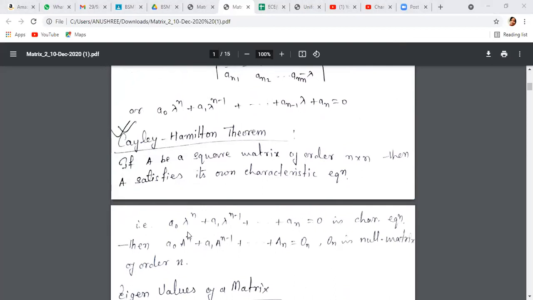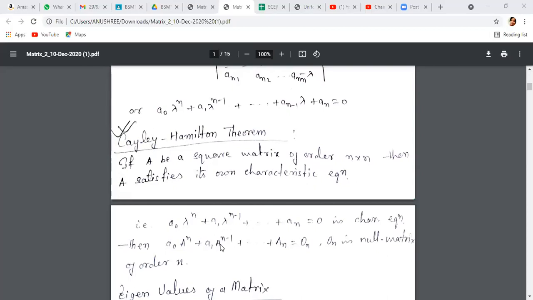Say for example, for an nth order matrix the characteristic equation is a0 lambda to the power n plus a1 lambda to the power n minus 1 plus dot dot dot plus an equals 0. Since A satisfies its own characteristic equation, lambda will be replaced by A. This is the Cayley-Hamilton theorem.